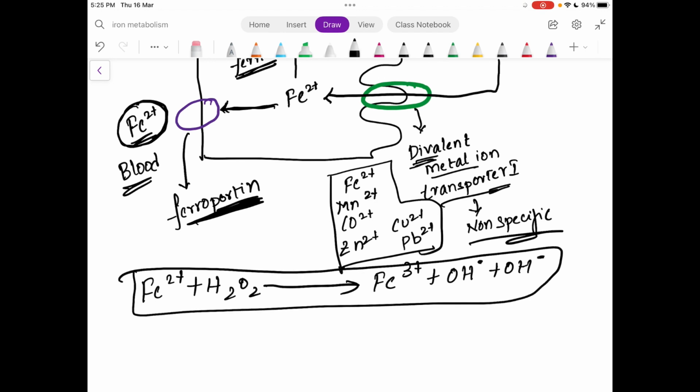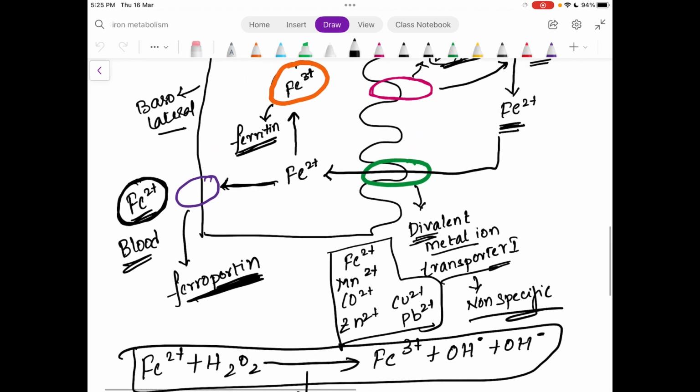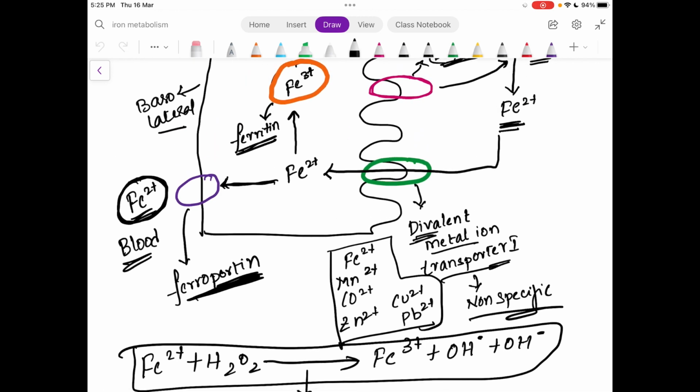This is called the Fenton reaction. In order to prevent this reaction, this Fe2 plus has to be converted into Fe3 plus. This conversion of Fe2 plus into Fe3 plus is done with the help of a protein called hephaestin.